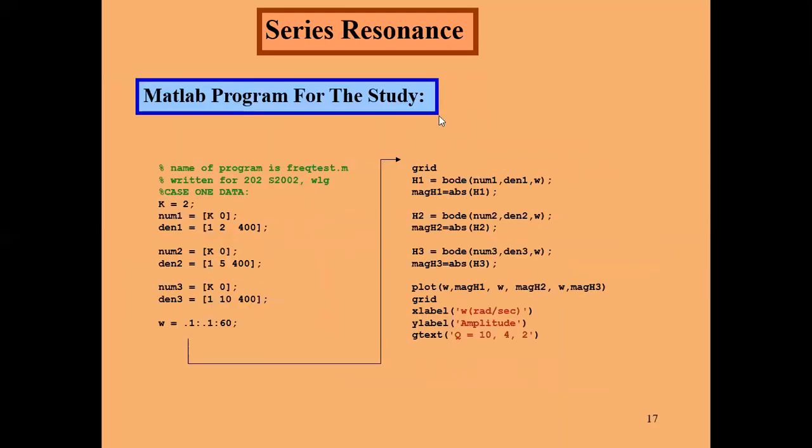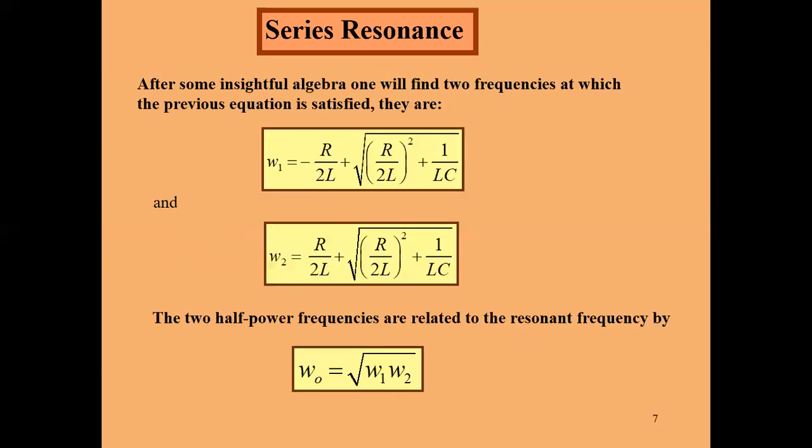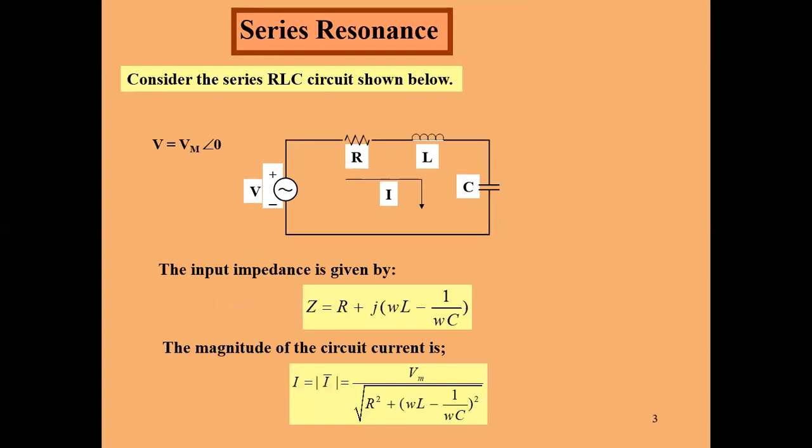Lastly, we look at the MATLAB program. Here in the series resonance, we have given the values of the numbers 1, 2 and 400, which is the equation we have obtained from this. In the first part, we have the value of resistance.